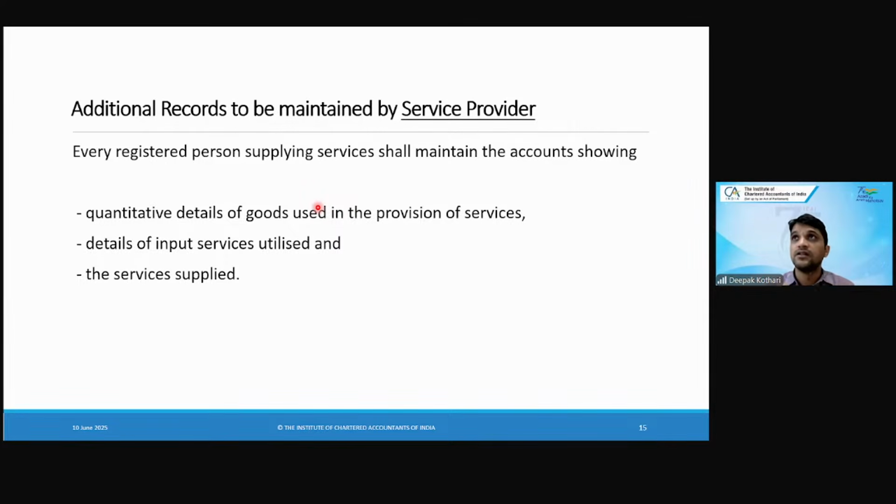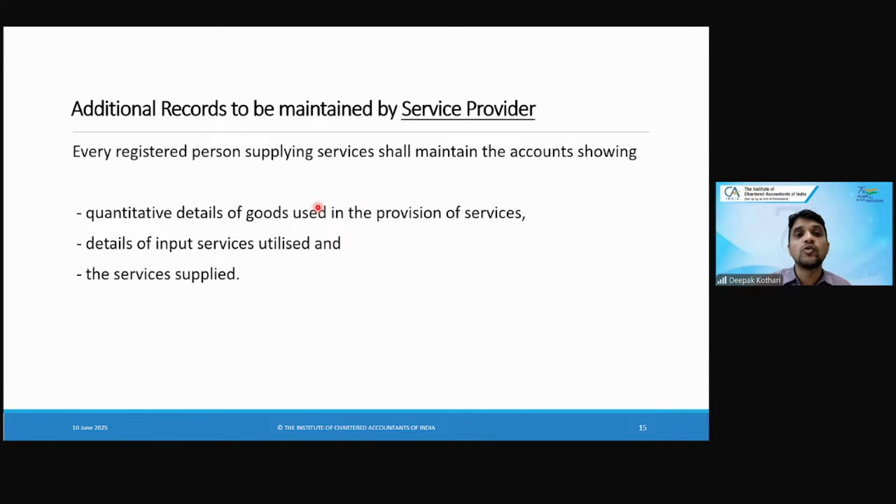Like if it is a chartered accountant office, he may have stationery, he may have a quantity of papers. Maybe impractical, but the law says that yes, you have to maintain the quantitative details of such goods which you are using in provision of services. For papers, it is fine. But if it is costly items, say machinery, like printers, laptops, they are all goods.